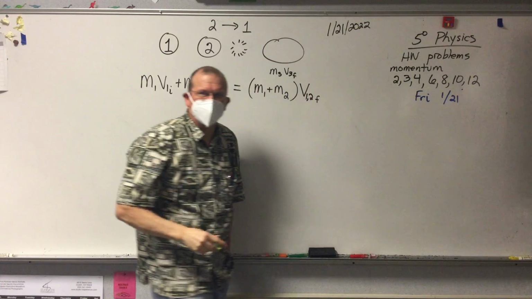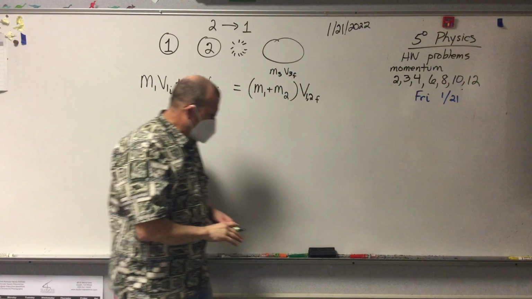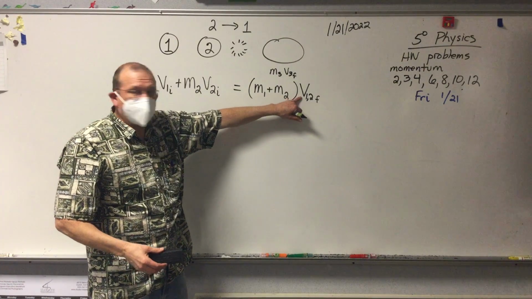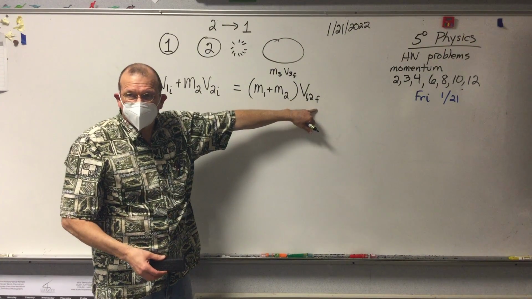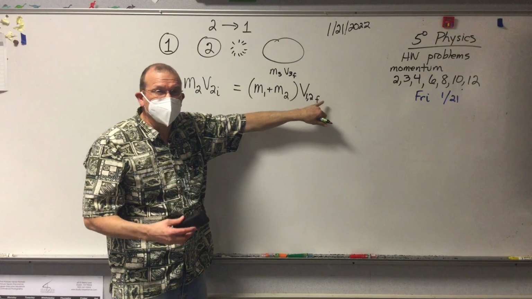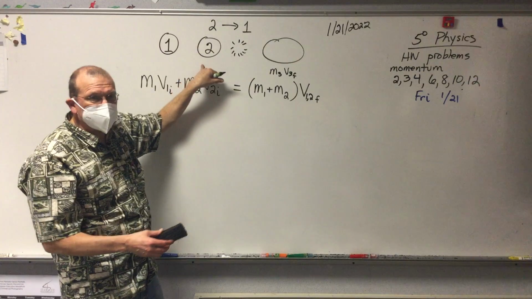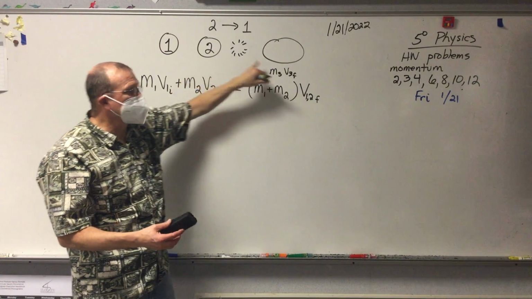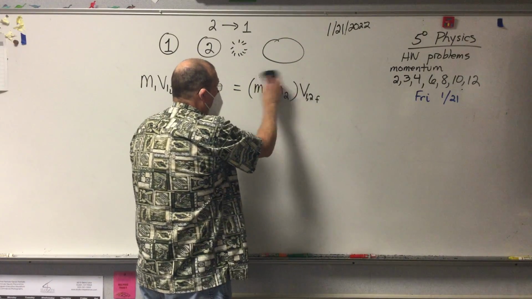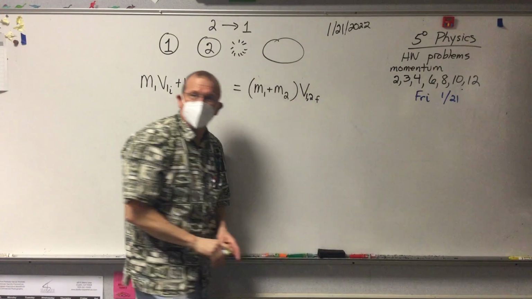I try different things every year. We're going to see if this works. I'm going to call this V12F. The reason I call it 1-2 is to re-emphasize that our two objects that used to be separate are now stuck together.